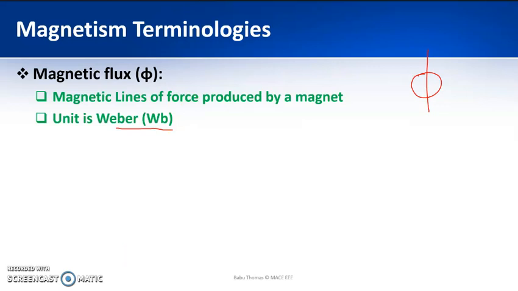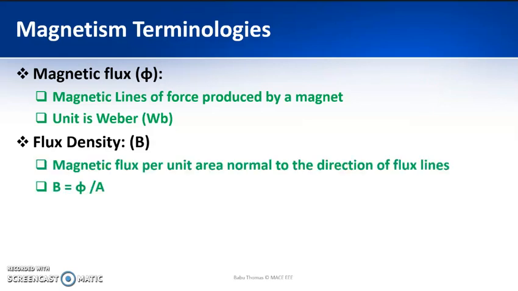Next is magnetic flux density. It is represented by the symbol capital B. It is defined as the magnetic flux per unit area normal to the direction of the flux lines, or at right angles to the flux. So it is nothing but the magnetic lines of force per unit area. You can consider a particular plane of area A, and the magnetic lines of force are passing through this area.